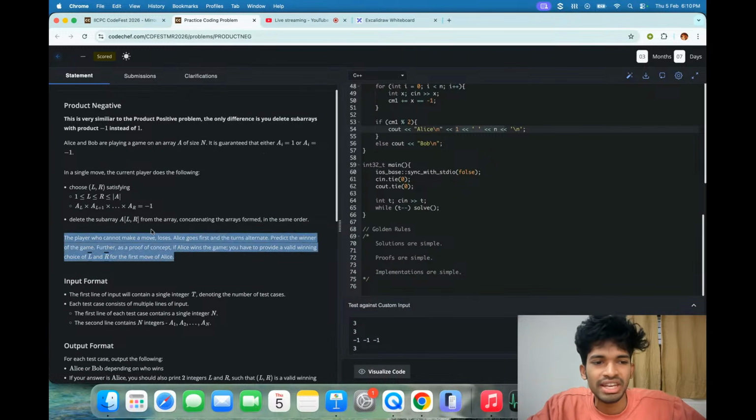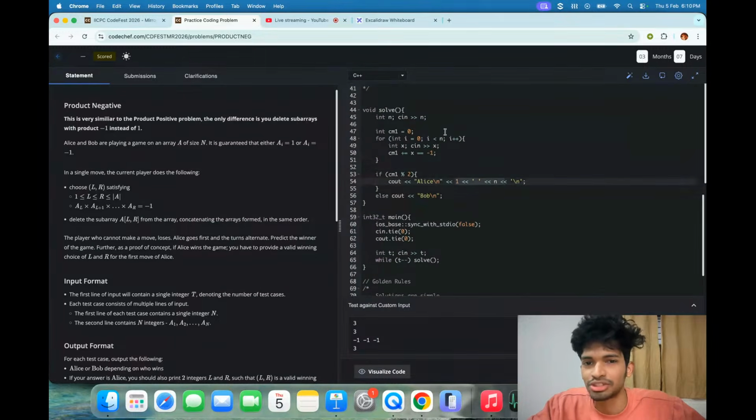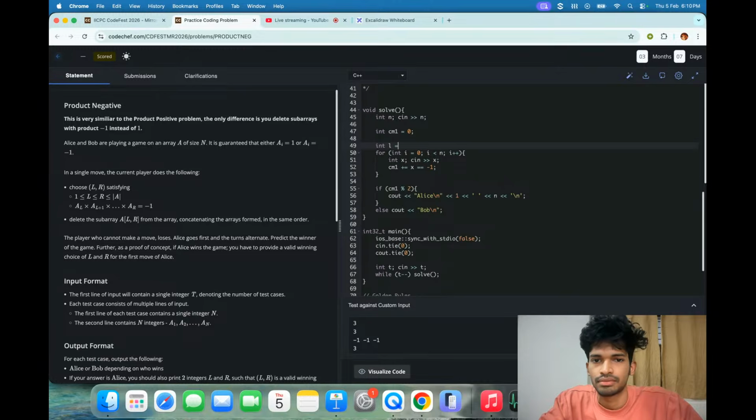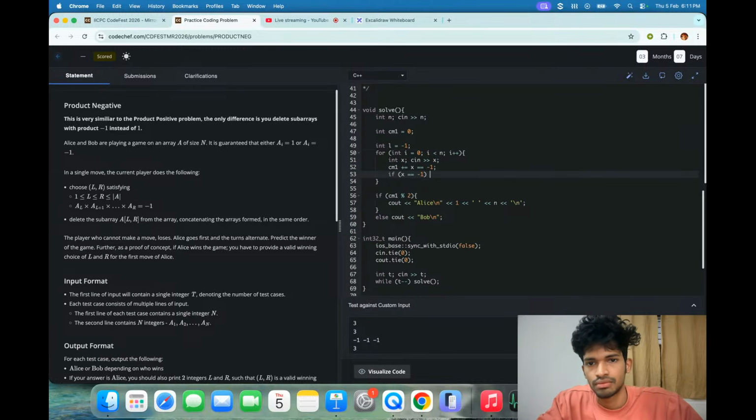Provide a valid winning choice of L comma R. I think any minus one also will work. So let's try that. Because this is also a valid one, because L comma L is also valid.